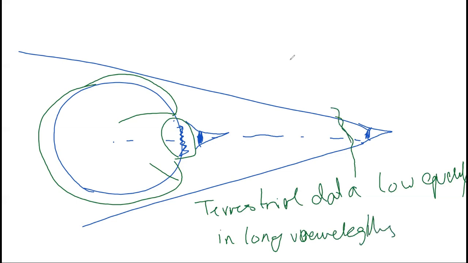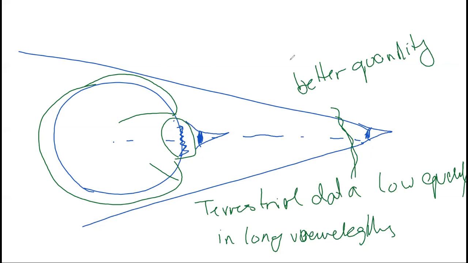But satellite data have better quality in long wavelengths. And this is the point: when we determine a geoid model, we want to have it precise in all frequency bands, from short to long wavelengths. This is why we have to combine the satellite data with the terrestrial data.